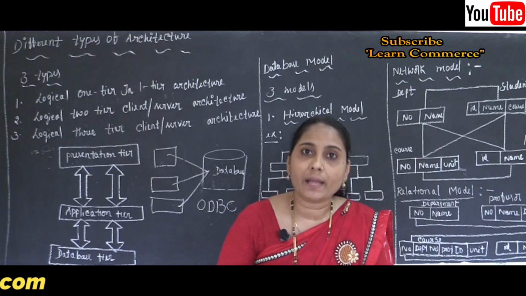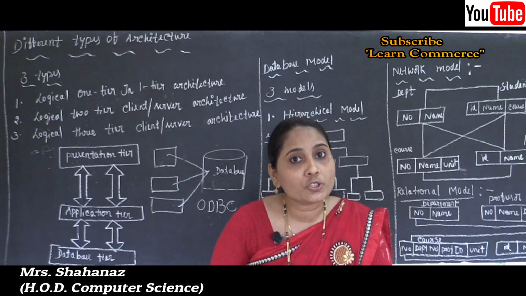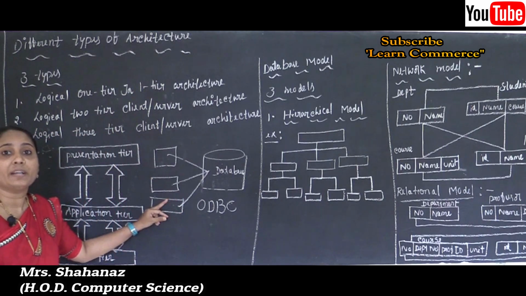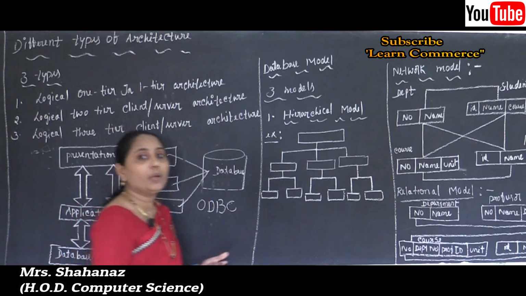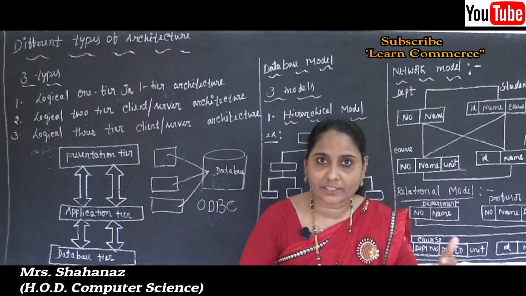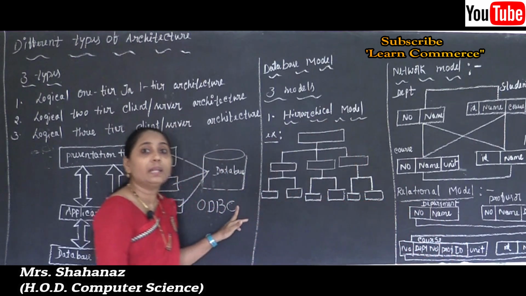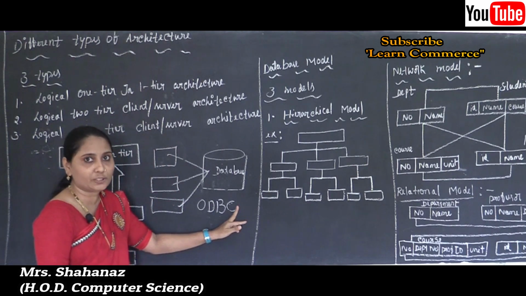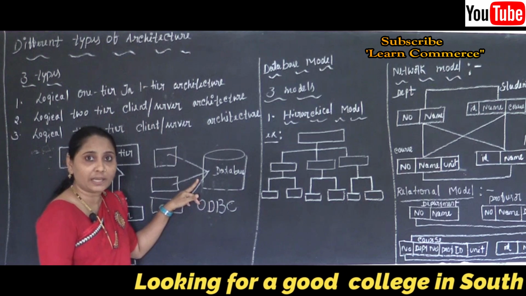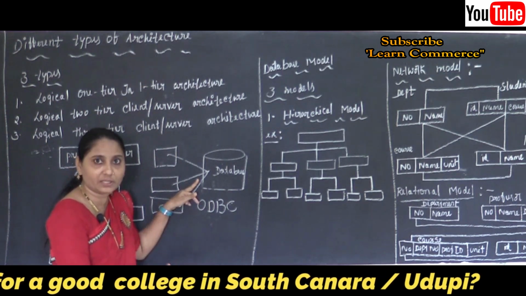So in this manner we can say that most database vendors provide ODBC drivers. Why are they providing the ODBC drivers? Because it is possible for the client program to connect to several databases, and such databases are connected by using the drivers.